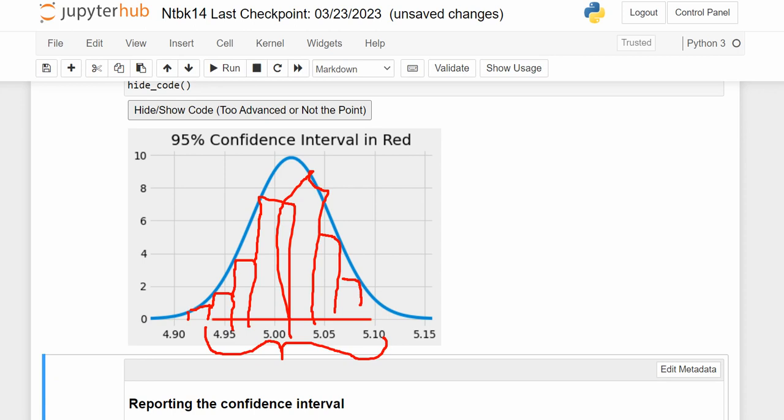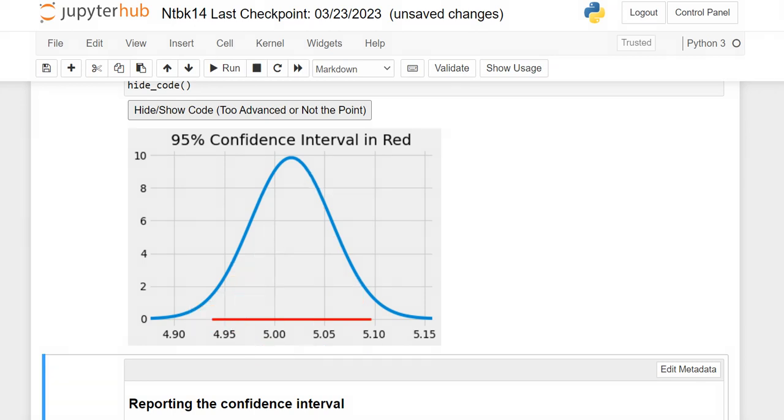And so the red line down here, let me get rid of all of my ugly drawing, you can see the possible values in the 95% confidence interval is shown.